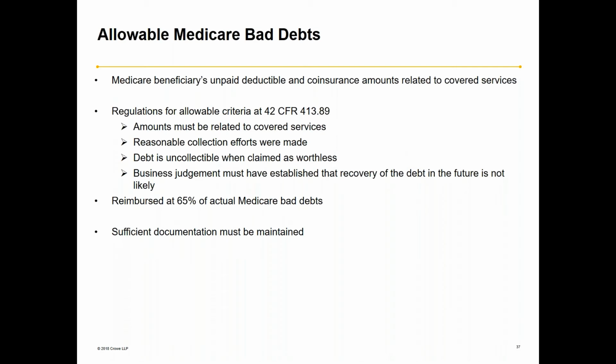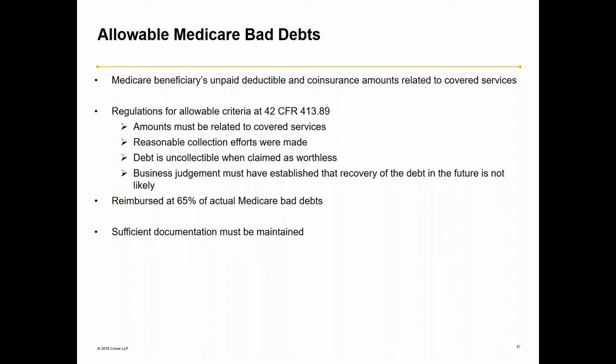So basically, over the last several years, hospitals have got 70% of their Medicare bad debts. Unless you were a critical access hospital, you were still getting 100% of your Medicare bad debts up until 2015.